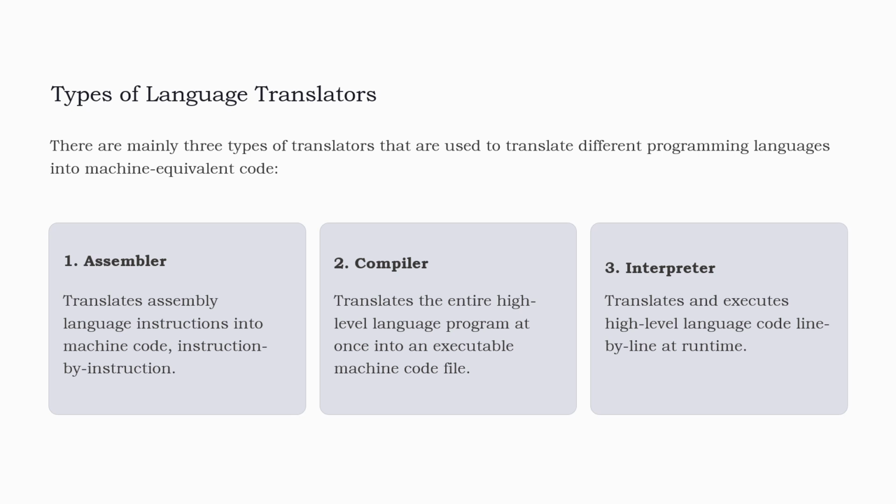If you go with the assembler, an assembler converts assembly language into machine code. Assembly languages use mnemonics, which are short symbolic codes representing machine instructions.